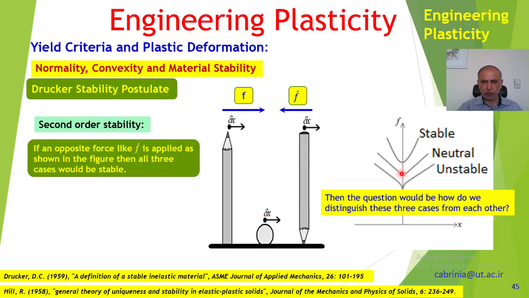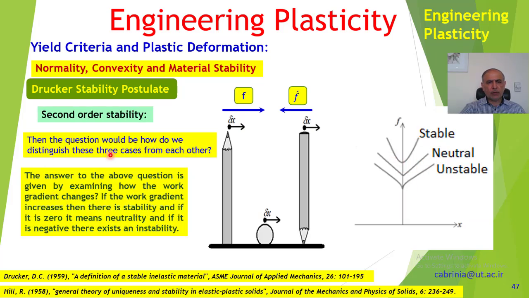The second one also is the same thing, and the third one also, because we have this F prime in front of this F resisting any of these. The value of F delta X is positive for all three. So the question is, how do we distinguish between these three?